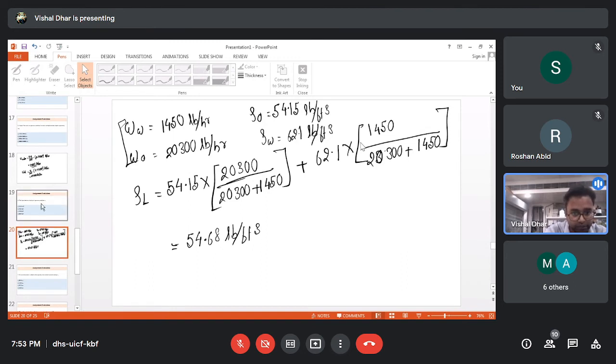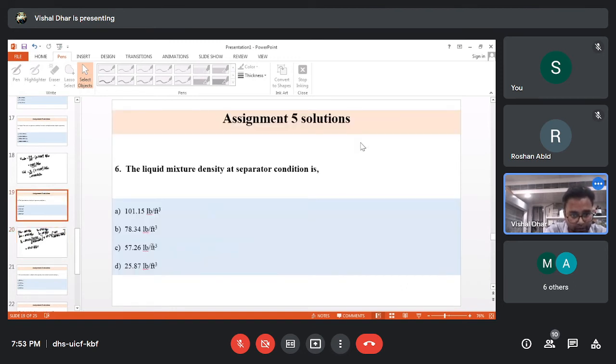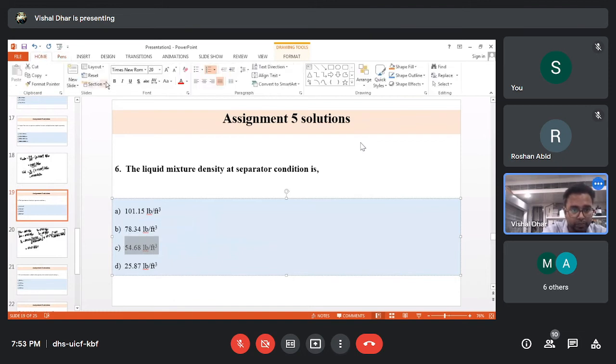The answer is coming as 54.68. There must be some typing mistake in the options. So the correct option is C, 54.68.